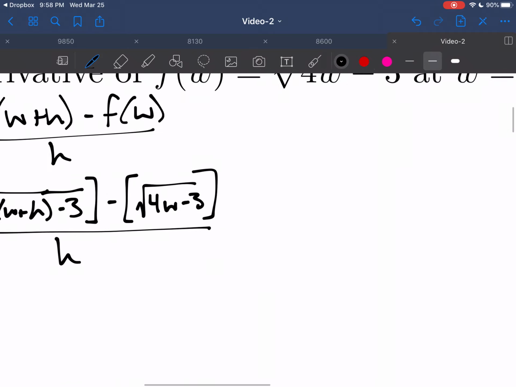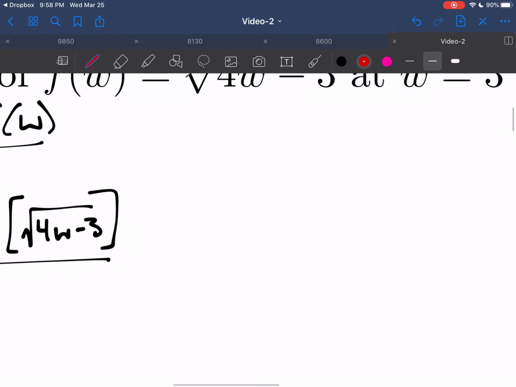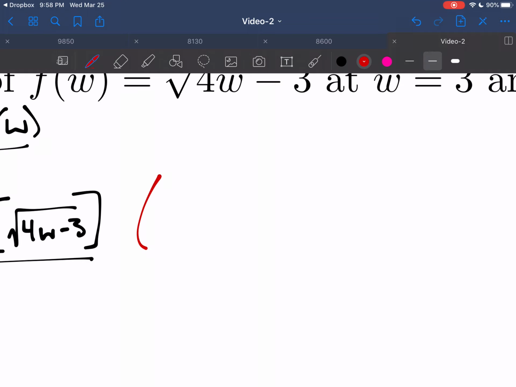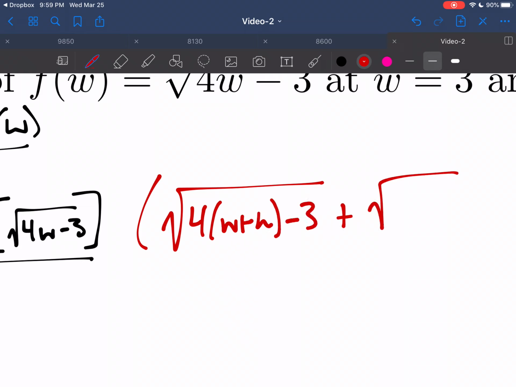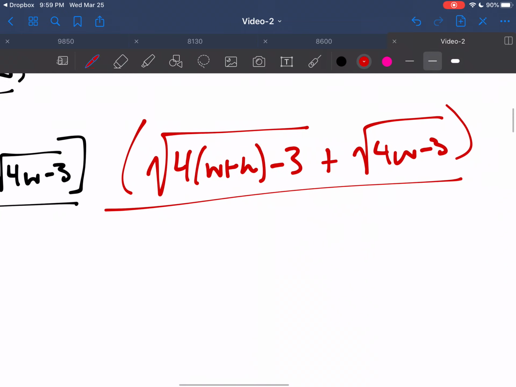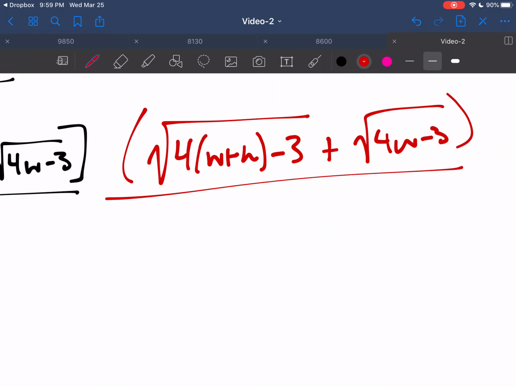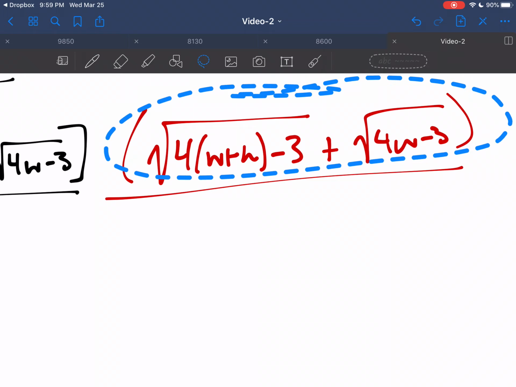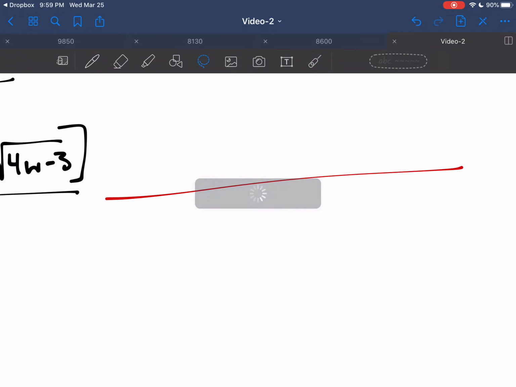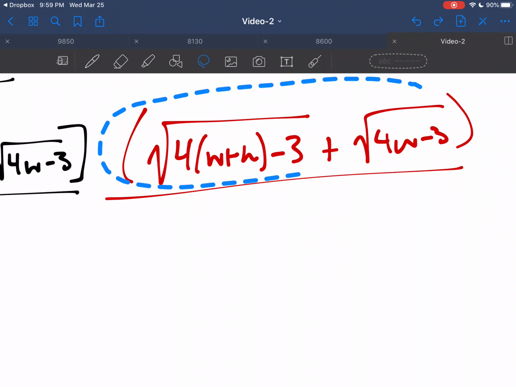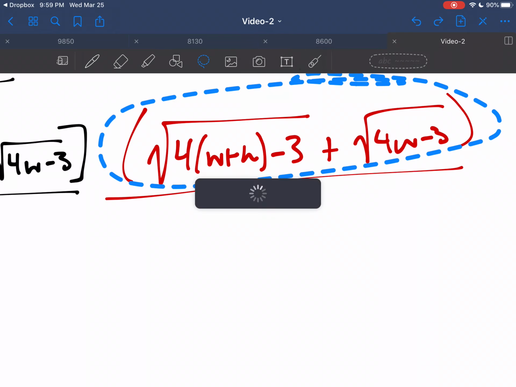And we can rationalize that, so we'll multiply by the conjugate, which in this case is square root of 4w plus h minus 3 plus square root of 4w minus 3 over itself.